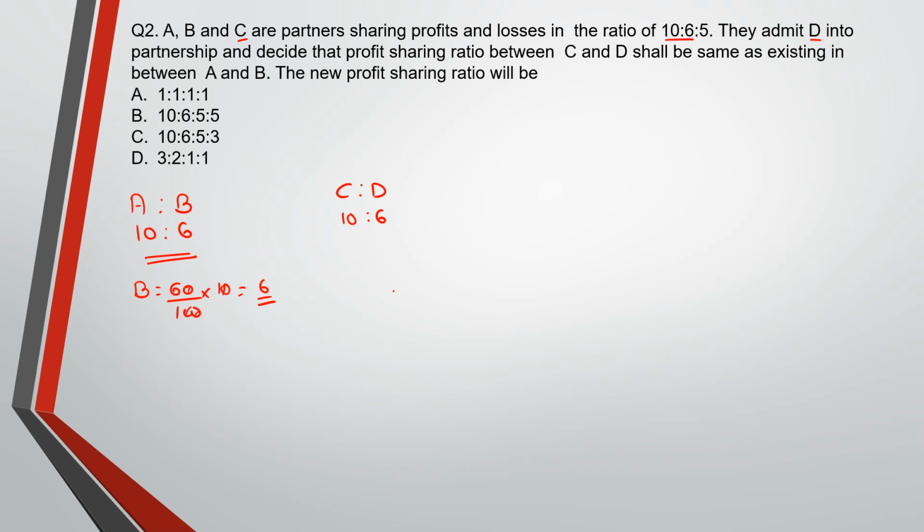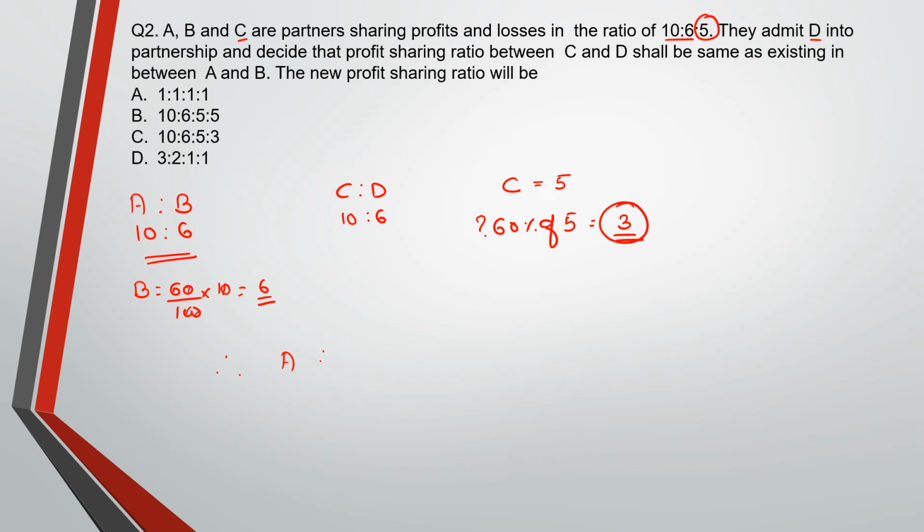So the same should exist between C and D. But we know C has 5. So C has 5. What is 60% of 5? That comes to 3. Okay. Therefore, the relationship between C and D, so that it is the same as between A and B, would require that D should be admitted for 3.